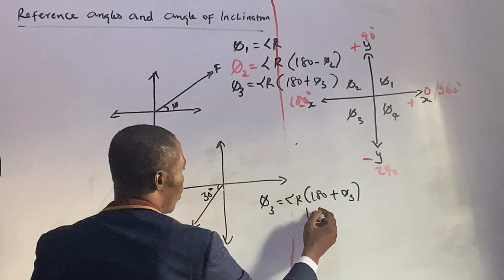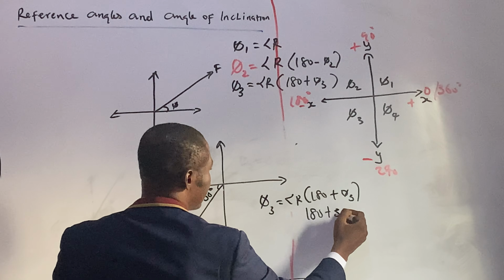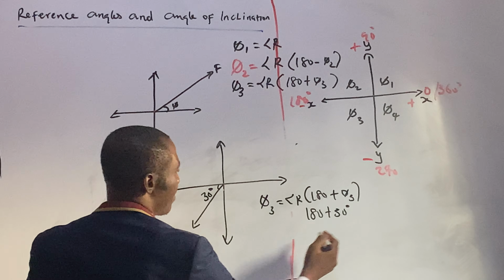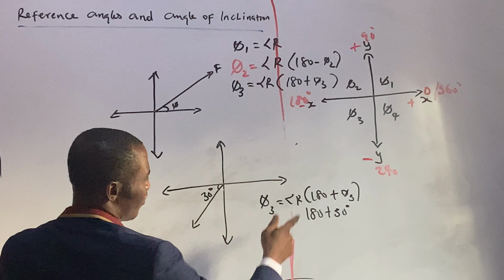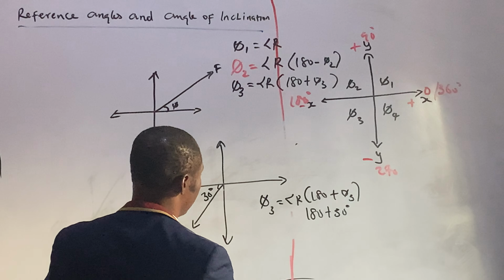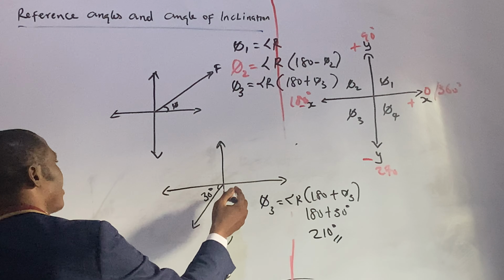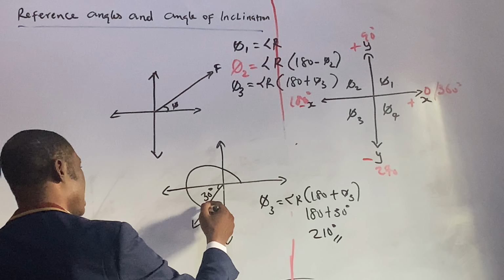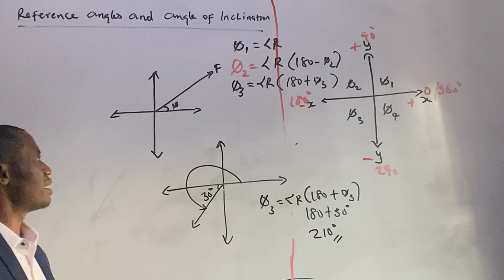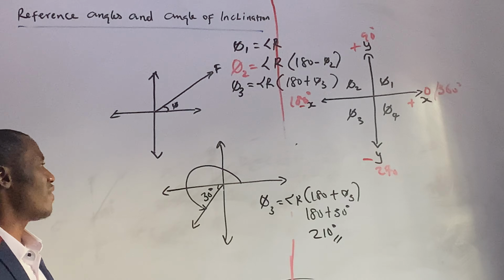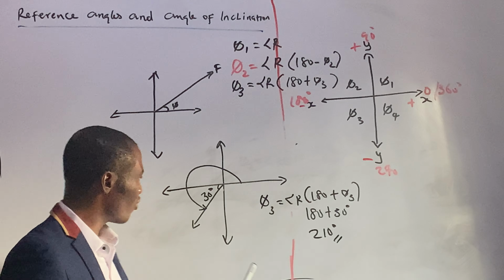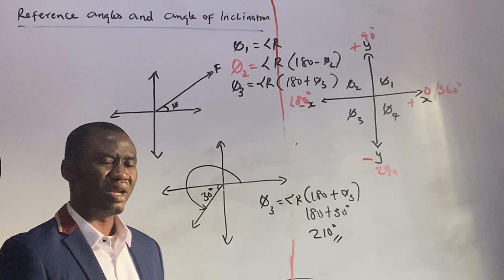And this is simply 180 plus 30 degrees. When I've done that, my reference angle will become 210 degrees. That means traveling from here to this place is simply 210 degrees. You can have 45, just follow the same procedure. You can have any angle, follow the same procedure, you will get the reference angle.